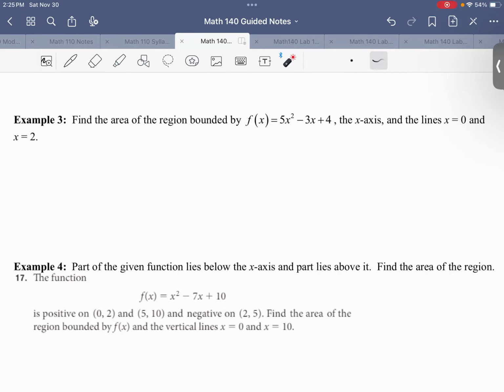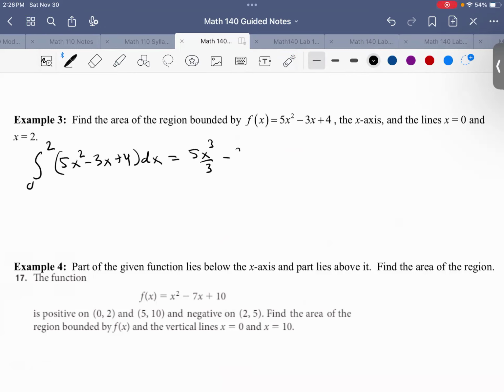So we want to find the area, but what that really means is I just need to integrate from 0 to 2 of 5x squared minus 3x plus 4. I just need to integrate this. And what this becomes is 5x cubed over 3 minus 3x squared over 2 plus 4x, and I'm going from 0 to 2.